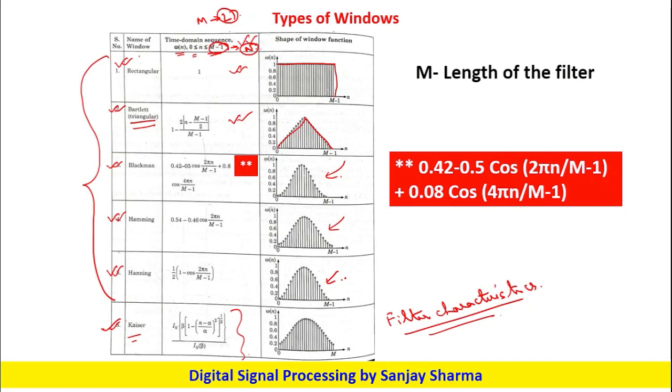Each of these shapes has its own advantages and disadvantages. We will not go into that. You can go through any of the textbooks, where the corresponding formulas have been given. Here there was a mistake, so I have corrected the mistake in this equation on the right hand side.